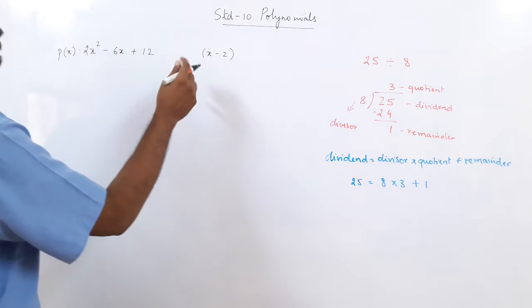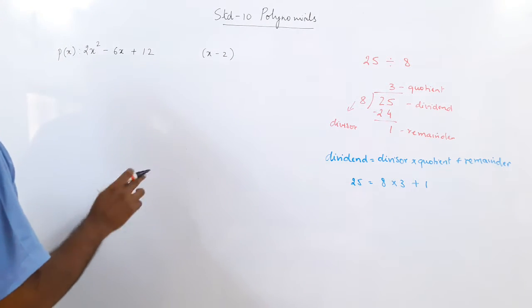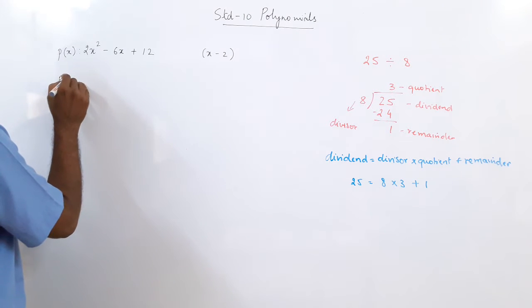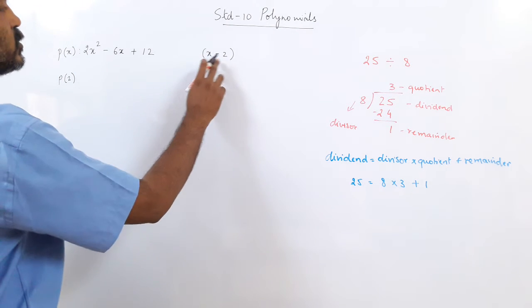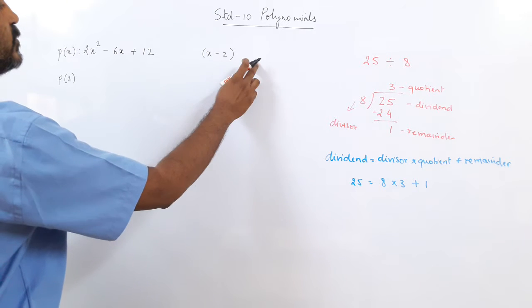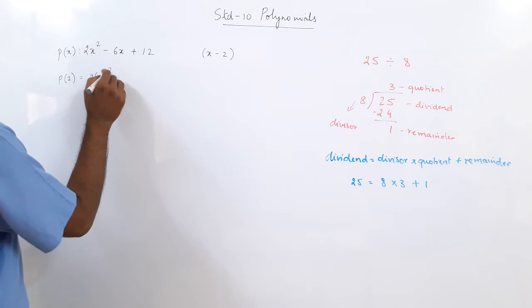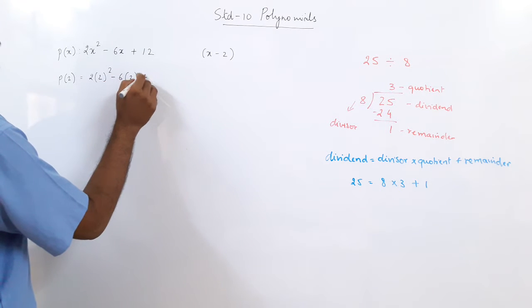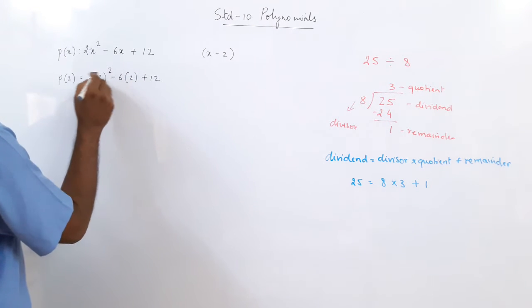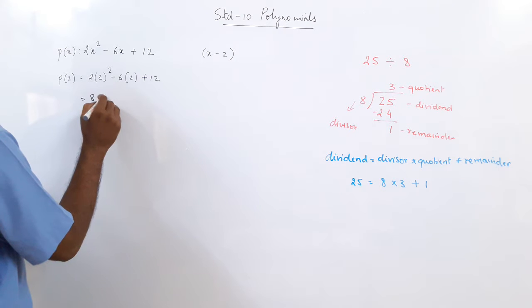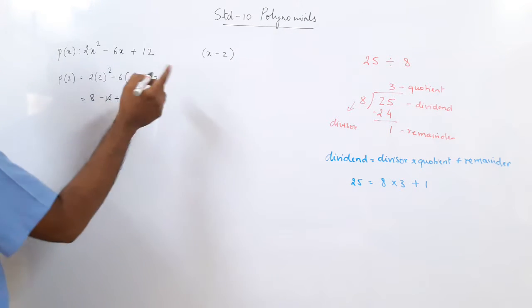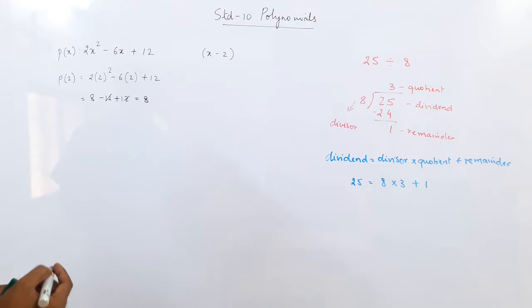If I want to find out if x minus 2 is a factor, then there is a simple method. I take p of 2, because I got x minus 2, I take x minus 2 equal to 0, so x equal to 2. So just check p of 2: 2 into 2 square minus 6 into 2 plus 12. So 2 square is 4, 4 2s are 8, minus 12 plus 12, which gives me 8, not a 0. So x minus 2 is not a factor.